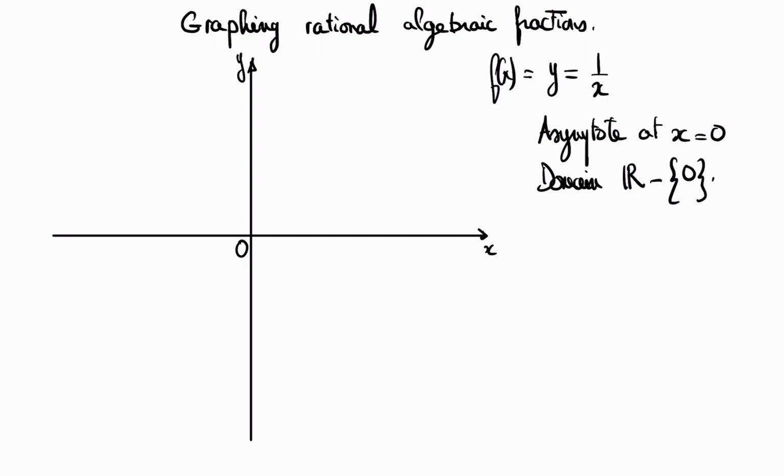So clearly there is an asymptote at x equals 0. I'll put that as a blue line. There you go. That's the asymptote x equals 0.